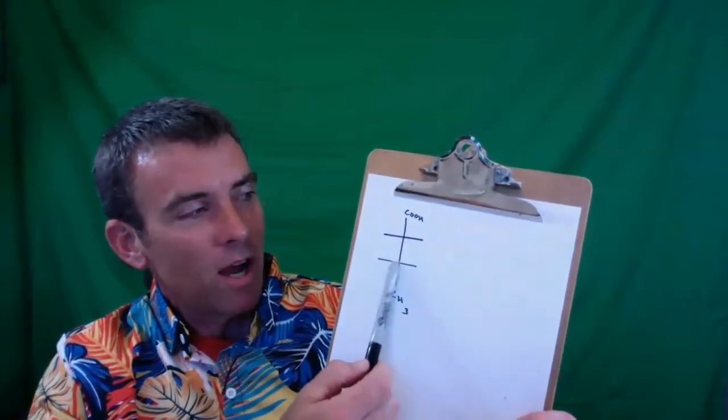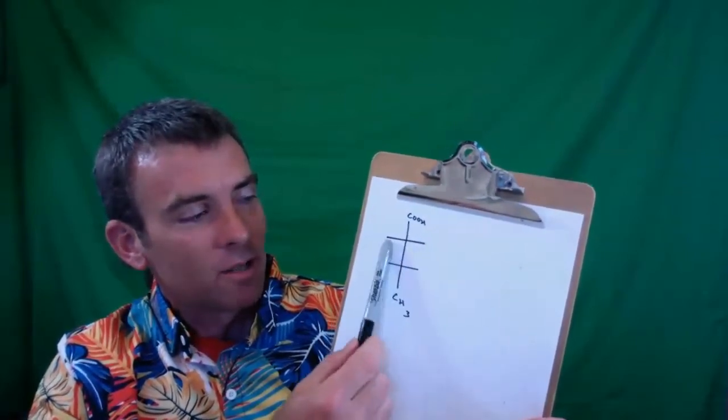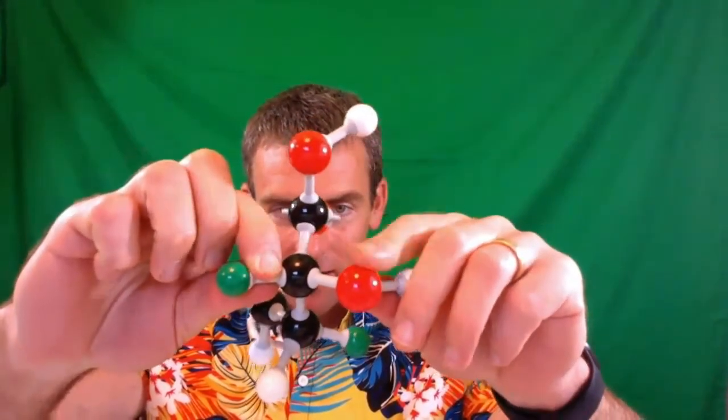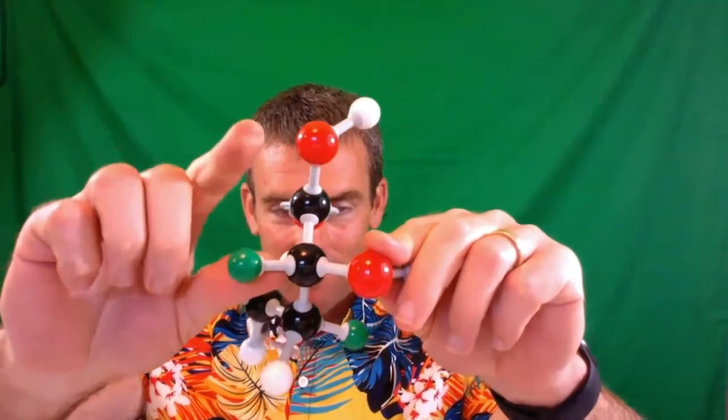So let's keep track of what my groups are doing right here. So we'll have to refer back to the model kit. That very first carbon, the one just one away from the carboxylic acid group, you'll notice that I've got an OH group on this side and a Cl group over on that side.